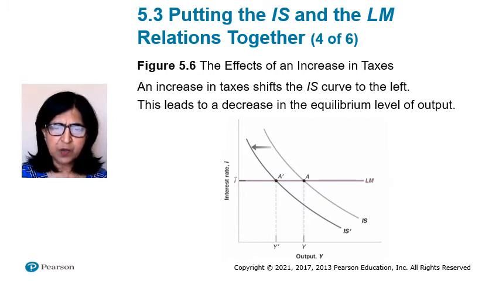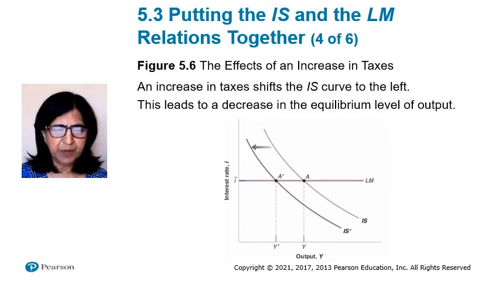The economy moves from point A to A prime. Before the increase in taxes, the equilibrium is given by point A at the intersection of the IS and LM curves. After the increase in taxes and the shift to the left of the IS curve from IS to IS prime, the new equilibrium is given by point A prime.